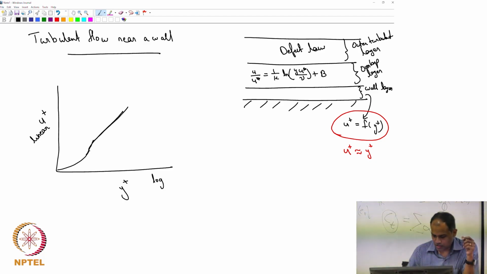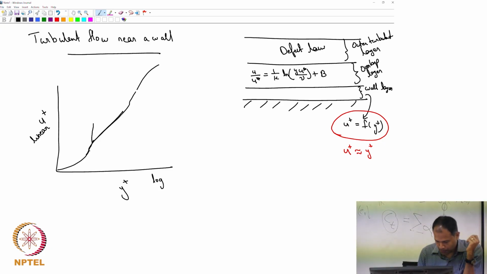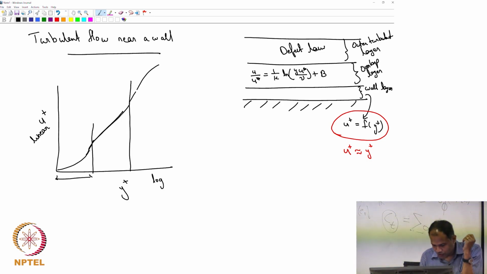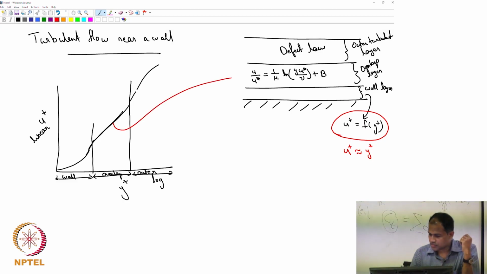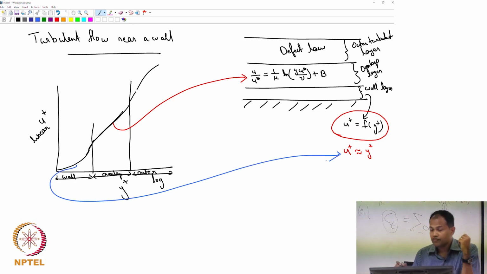Then you have the outer layer, which is something else. That's my wall layer, this is my overlap layer, and that's my outer turbulent layer. Here we already know the law, and in the outer layer, that's what we have plotted.